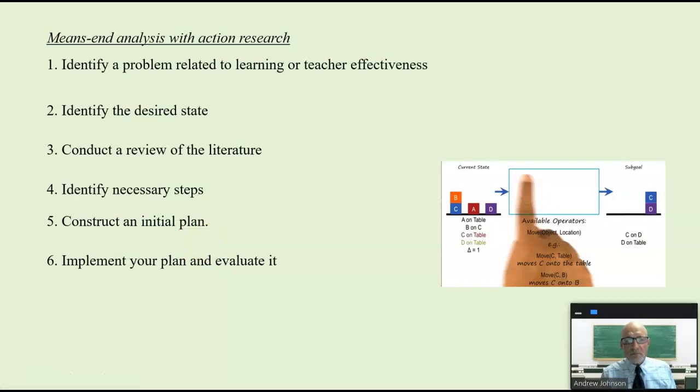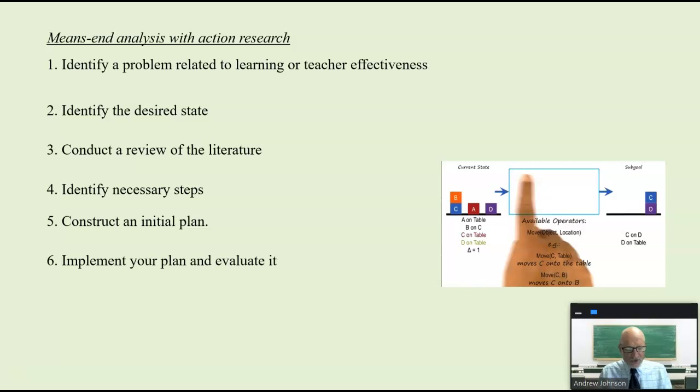So when using problem solving means end analysis as action research, you'd start by identifying a problem related to learning or teacher effectiveness. Then identify the desired state. This is what I want. And here's where the literature review comes in.